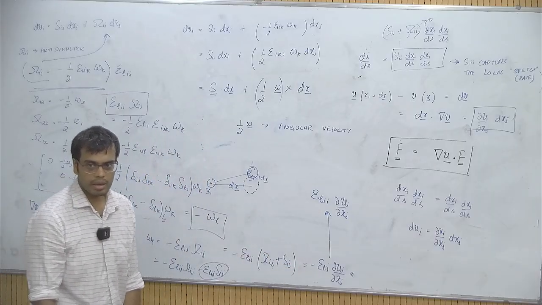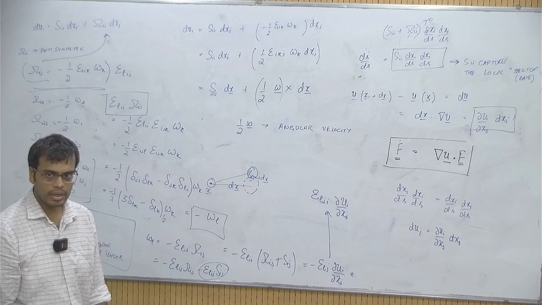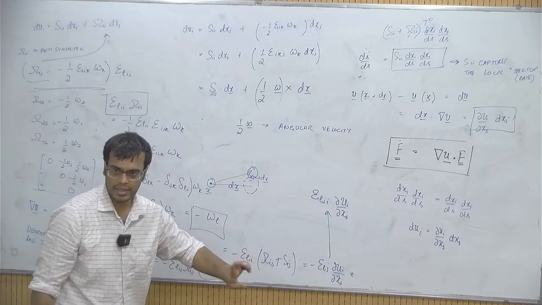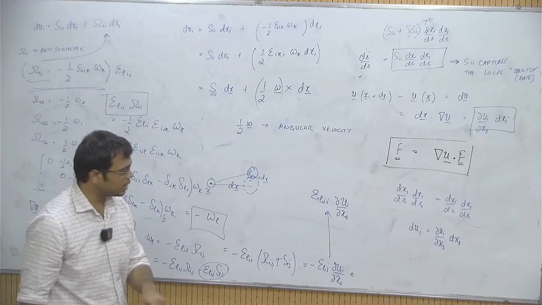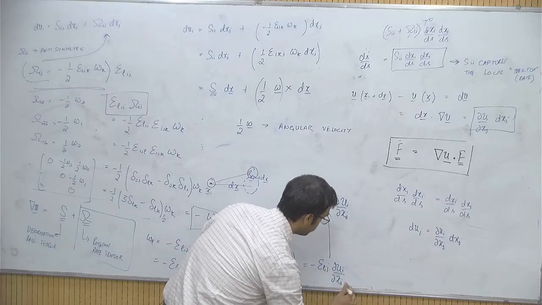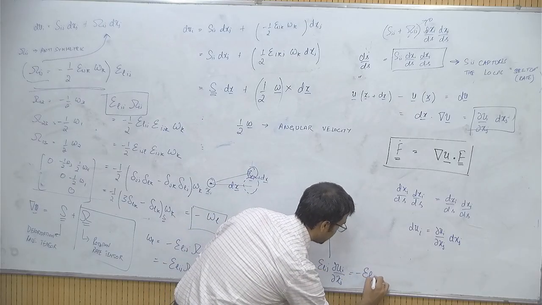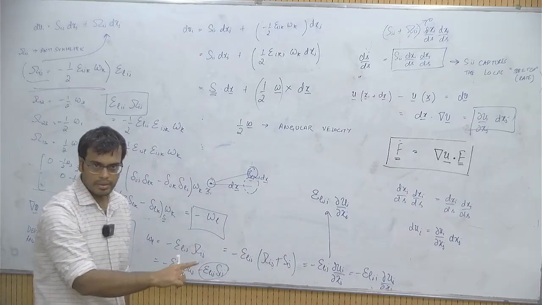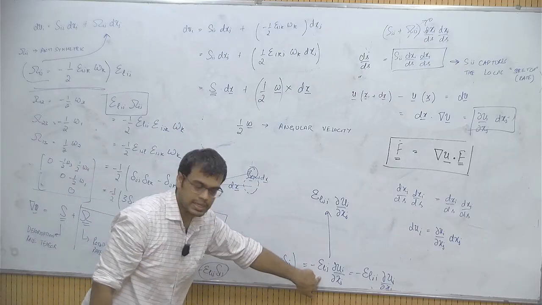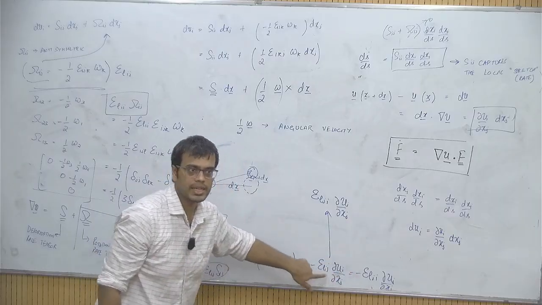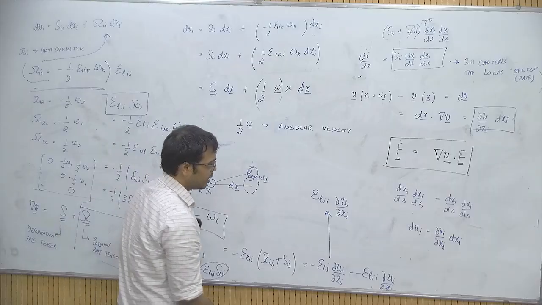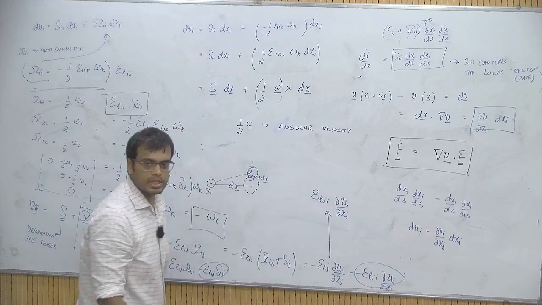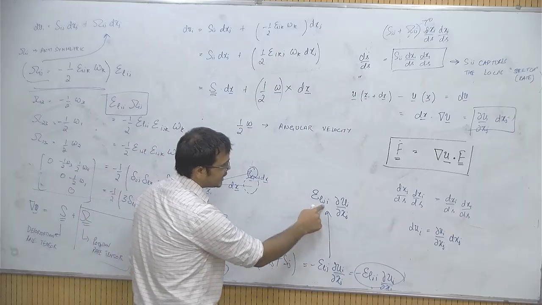I'm not swapping i and j in the whole expression. If I had swapped, then this would be minus epsilon Lji del uj by del xi. I am absorbing this minus sign using the definition of epsilon. So we get epsilon Lji del ui by del xj.